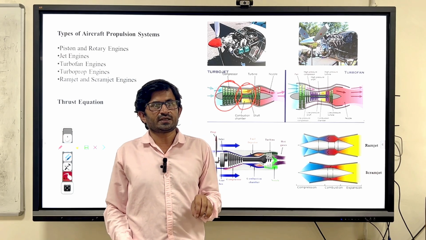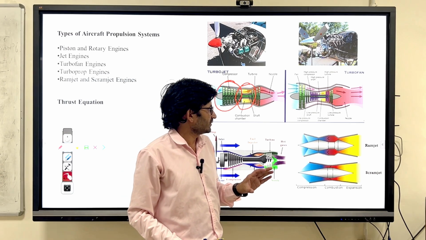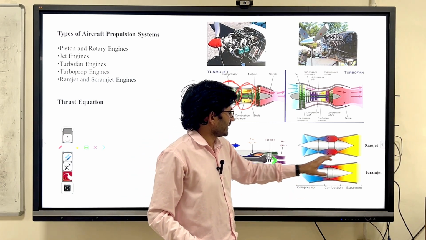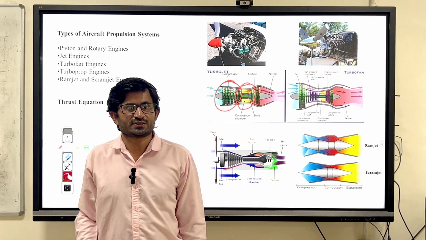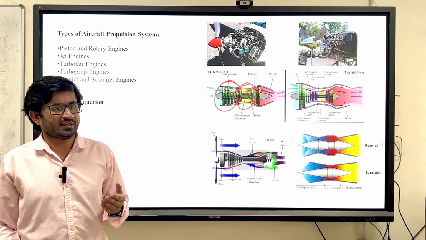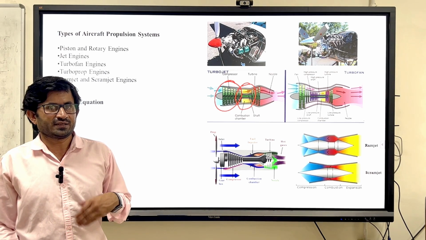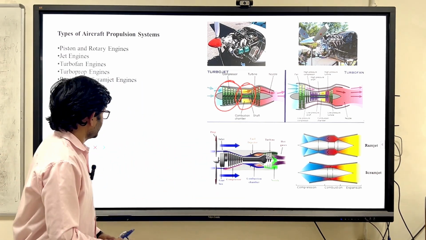There, if you inject fuel directly, you will get the combustion. Okay, so that is how the ramjet and scramjet work. But for starting, you need to have a flight, you have to attain a Mach number greater than 1, then only you will be able to start the ramjet and scramjet engine.